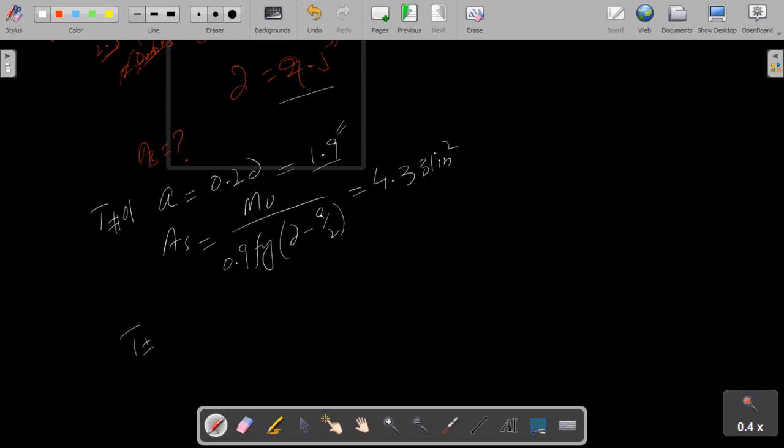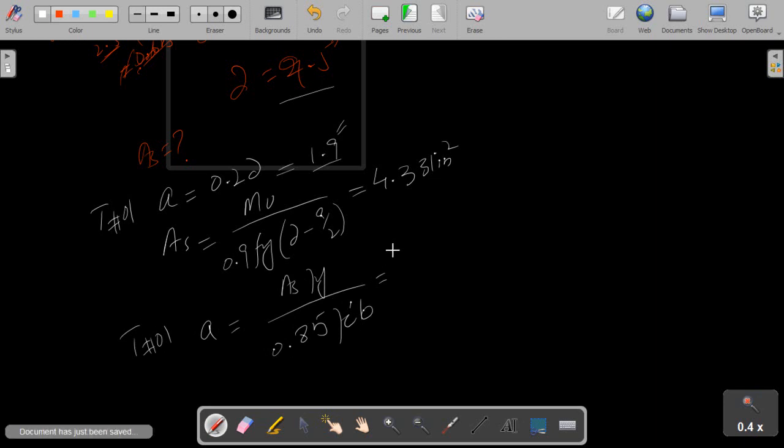Now if I use the second trial to check the value of A, so A is As Fy over 0.85 Fc prime into B. Now I need the value of B, right? So let's say I'm using the B value here.